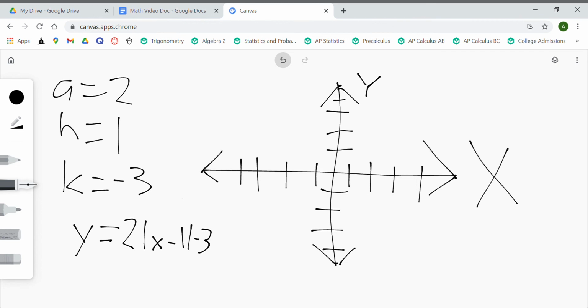Alright, so I will tell you that there is an order in which we graph these kinds of functions. So I'm going to write them out right here. First, reflections.